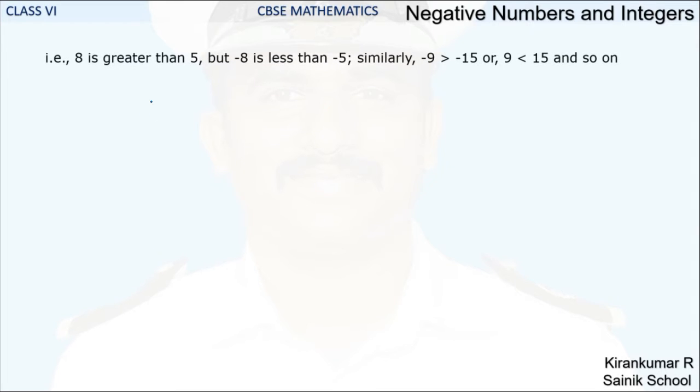Look at this, 8 is greater than 5, but minus 8 is less than minus 5. Similarly, minus 9 is less than minus 15 and positive 9 is less than positive 15, and so on.